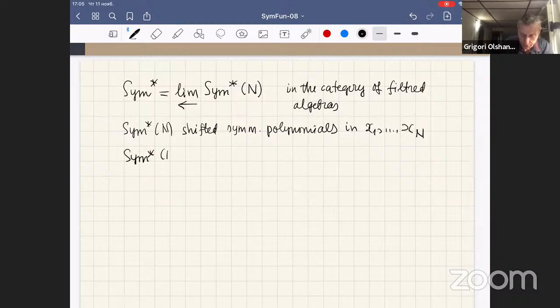It lies inside the algebra, take, say, the ground field, the complex numbers. It's not very important.